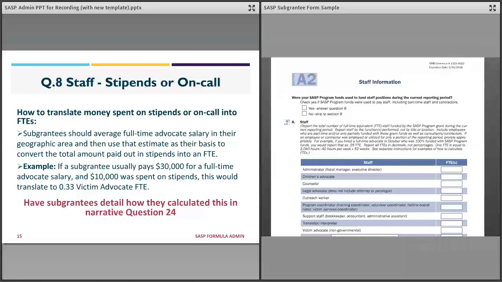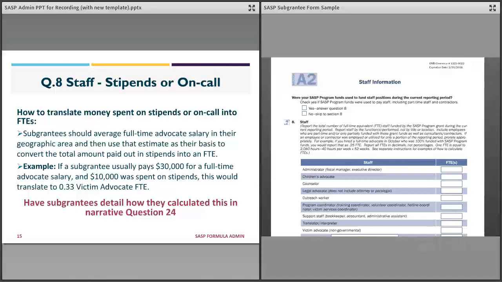And then you can use this to base your estimate for the FTE about what was paid out in stipends. For example, if an average salary in the subgrantee's coverage area is about $20,000 a year for a full-time advocate, and the grantee spent $10,000 in stipends, you could translate this into a 0.5 FTE.